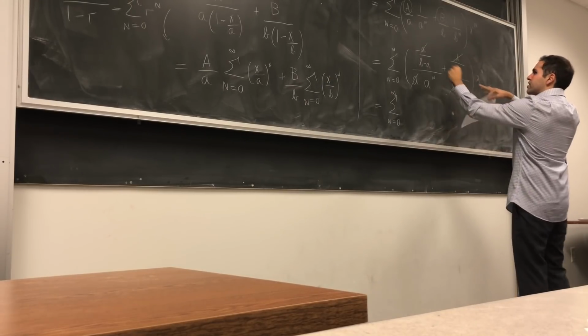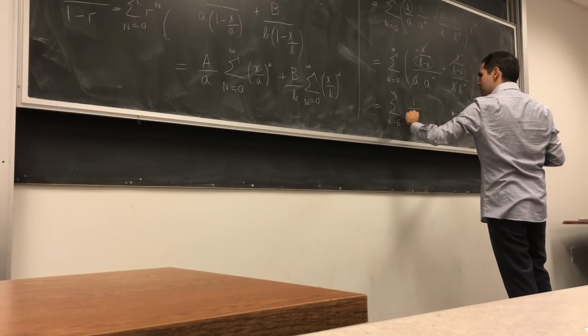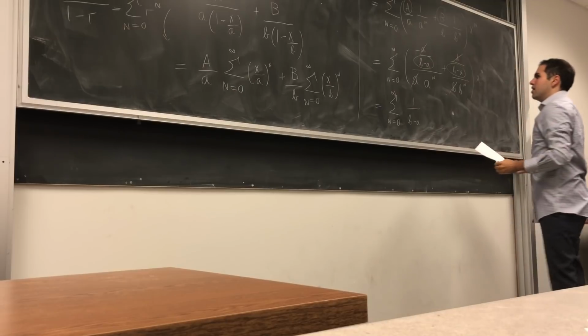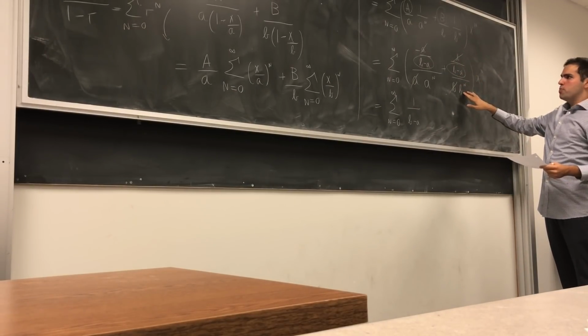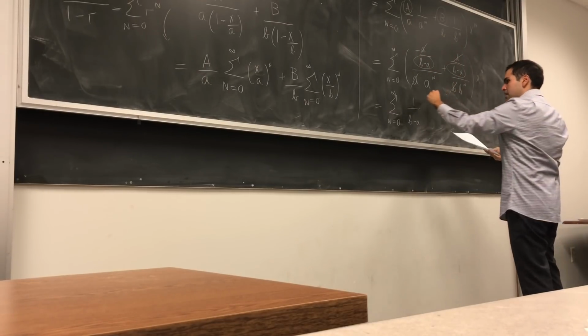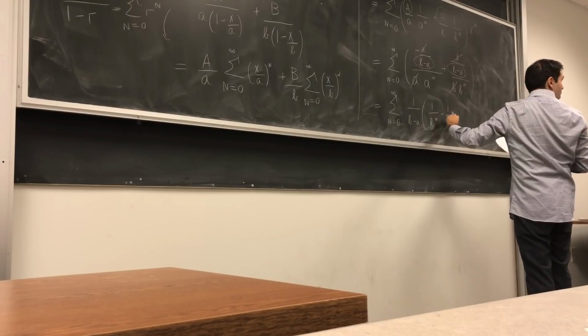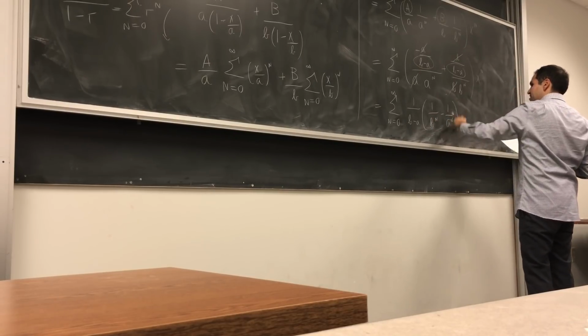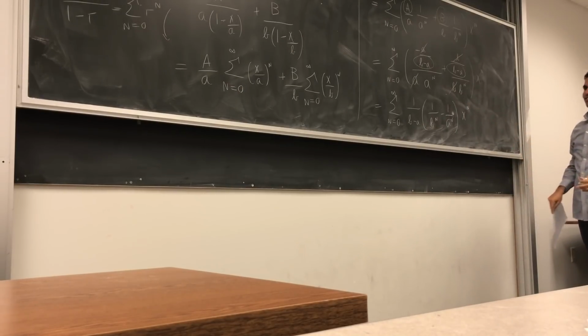First of all, there's a common factor of 1 over b minus a. Moreover, we have plus 1 over b to the n minus 1 over a to the n, which you can write as follows: 1 over b to the n minus 1 over a to the n. And you still have the factor x to the n.